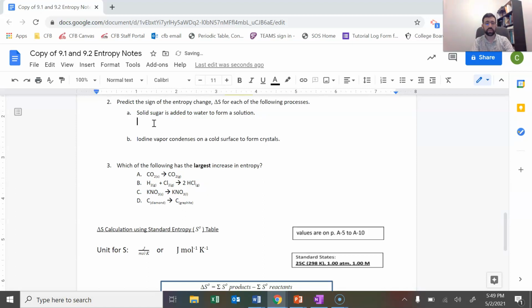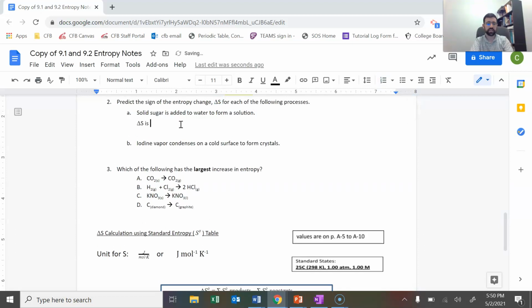So this would be a positive delta S. And I'm just going to copy and paste delta S right here. Delta S is positive because a solution has a greater entropy or randomness than a solid.